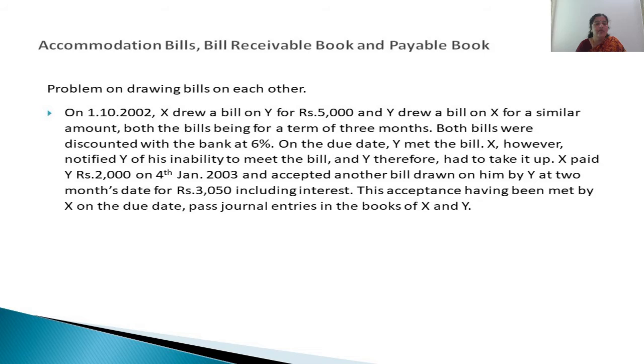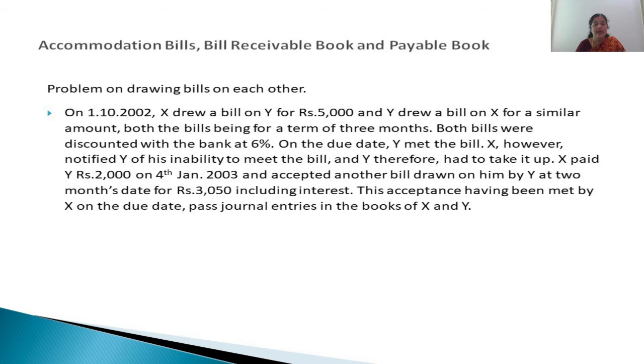Okay, the value of the original bill was 5000. Then on the first due date, X paid Y only 2000, and for the remaining value of the bill, which is 3000, he requested Y to draw another bill on X, but not for 3000 but 3050, 50 being the value of interest.